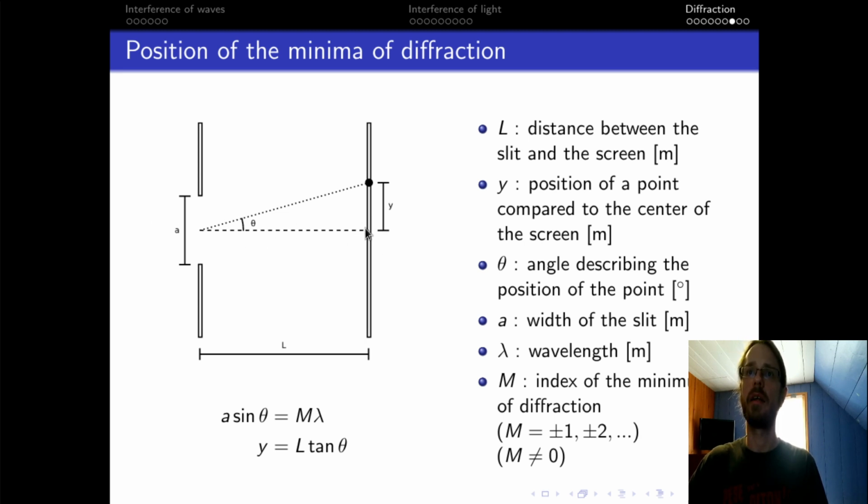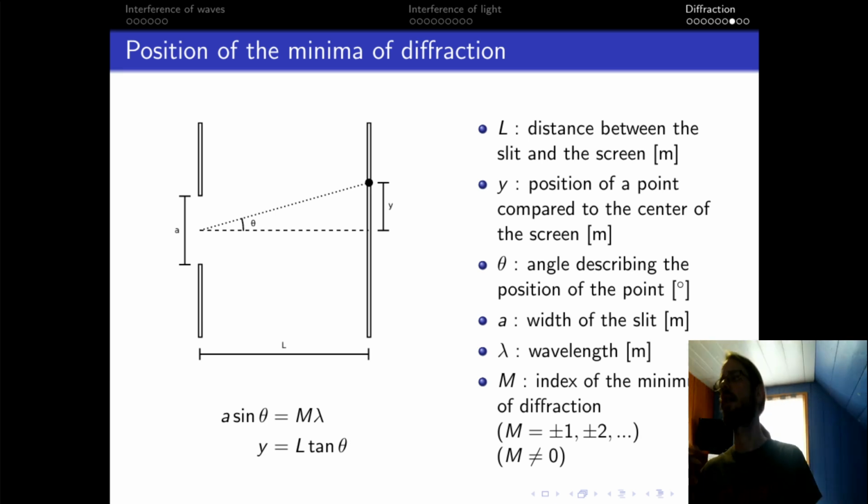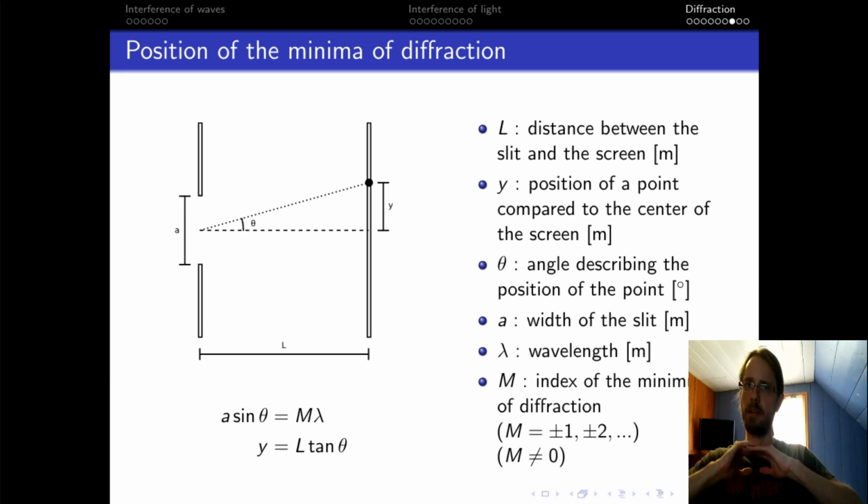L is the distance between the slits and the screen. In the textbook, they also use some different symbols for L. In the case of interference, they use capital R. In the case of diffraction, they use X. They are really the same thing. In any case, they are just the distance between the slits, or slit singular in this case, and the screen. They represent the very same thing.